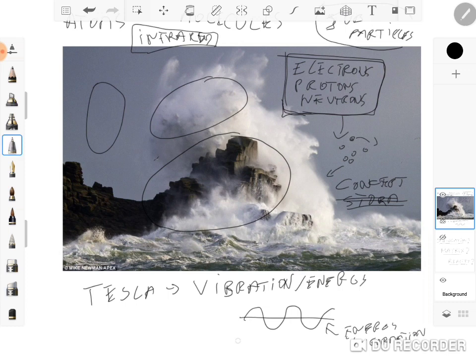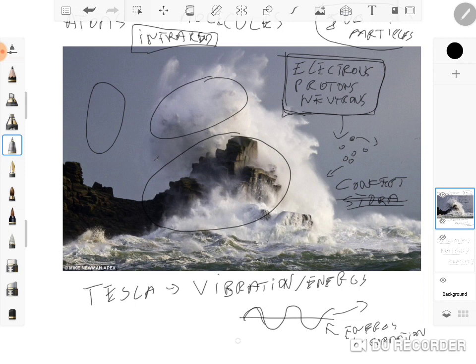Just simply look at any radio wave, any music file, and you'll see that it contains the waveform, which is energy once it's played through the speakers, and also information, the information of the actual music you're hearing.